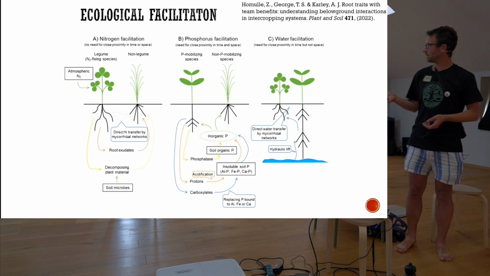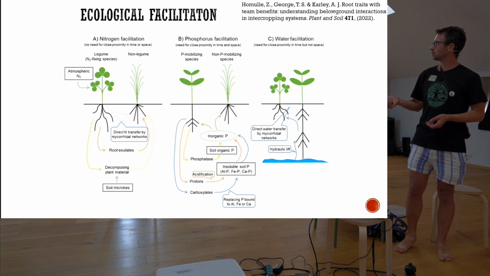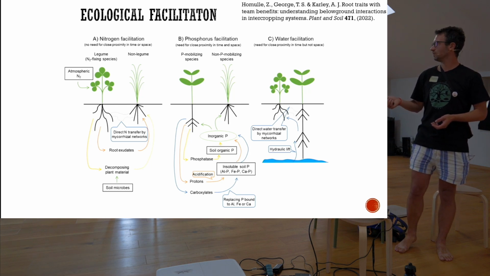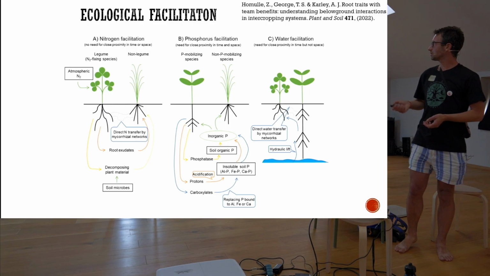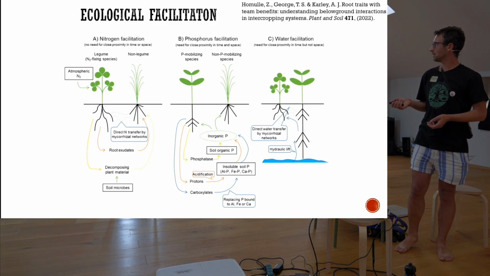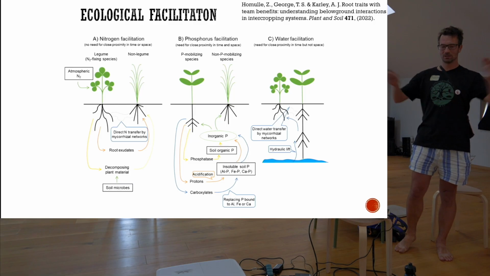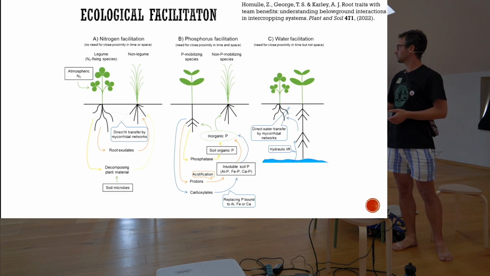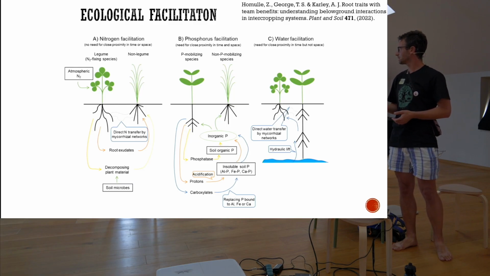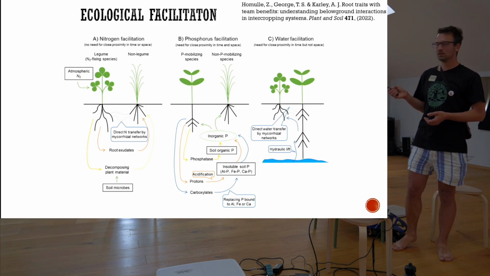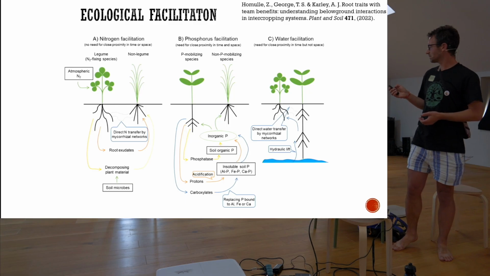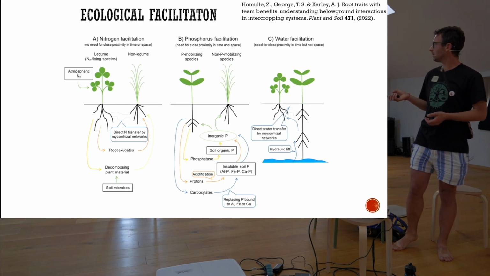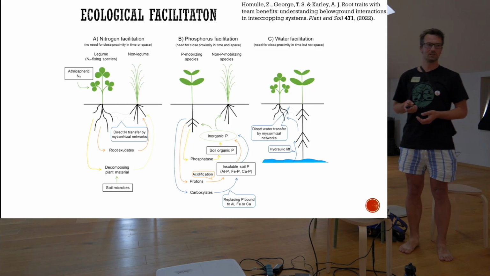And also mycorrhiza play a role in nitrogen transfer between living plants. Also for phosphorus facilitation, mycorrhiza play a role both by extending the root surface and by transferring phosphorus between the crops. And in permaculture, sometimes we use the term hydraulic lifting for water facilitation.